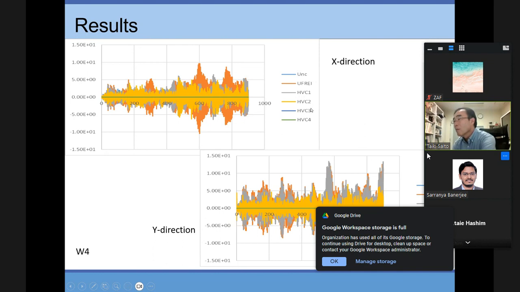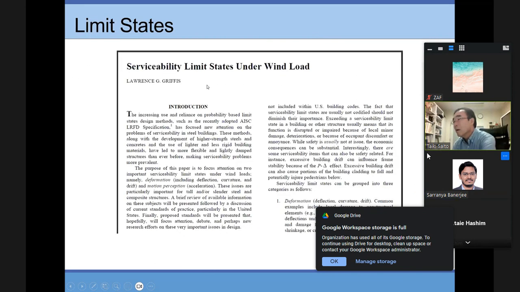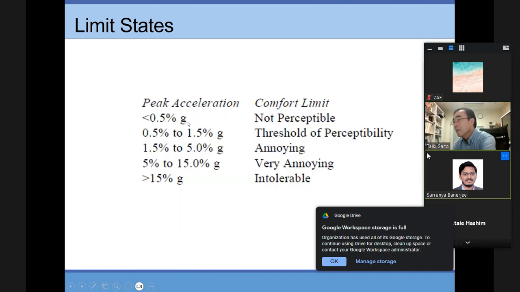But when I tune it to the first stiffness, as expected the response is reduced much, and now, in the paper when we write it, I want to base it on some serviceability limit states under wind load. I have already used this reference for earthquake cases as well. Here we have some values of peak acceleration corresponding to the comfort limit of the occupants.